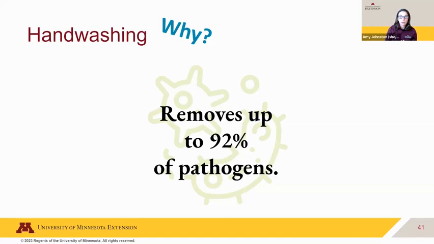There are some healthcare situations where those types of soaps need to be used, but for the purpose of our discussions, just a regular non-antibacterial soap is what can reduce up to 92% of bacteria. And then also a liquid soap from a dispenser is recommended because bar soaps can harbor bacteria on those surfaces, and soap dispensers can be routinely cleaned and sanitized.